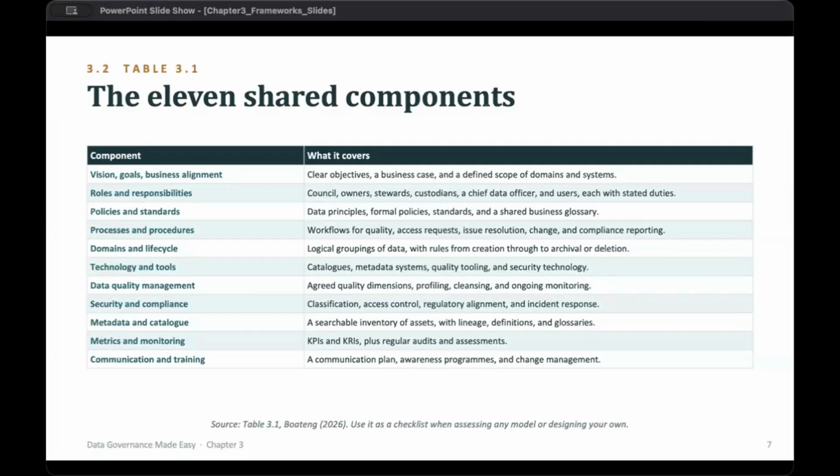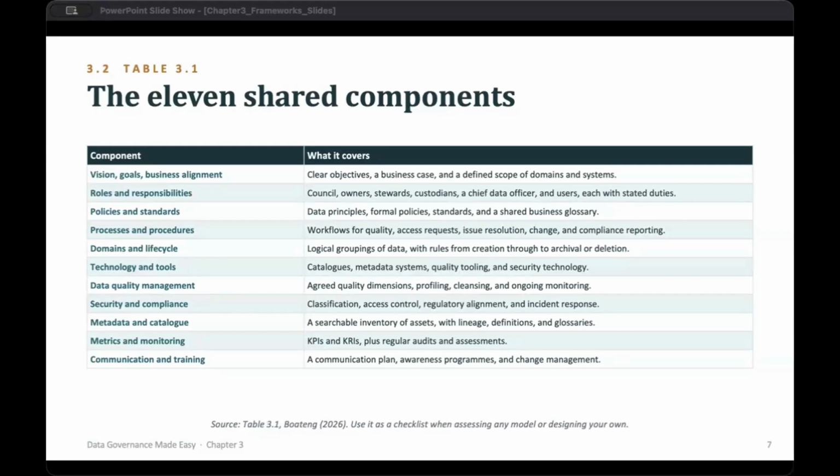Somebody may even add the chief data officer, and the users, all with their stated responsibilities and status. So we do the stakeholder analysis and identify what each stakeholder will do.